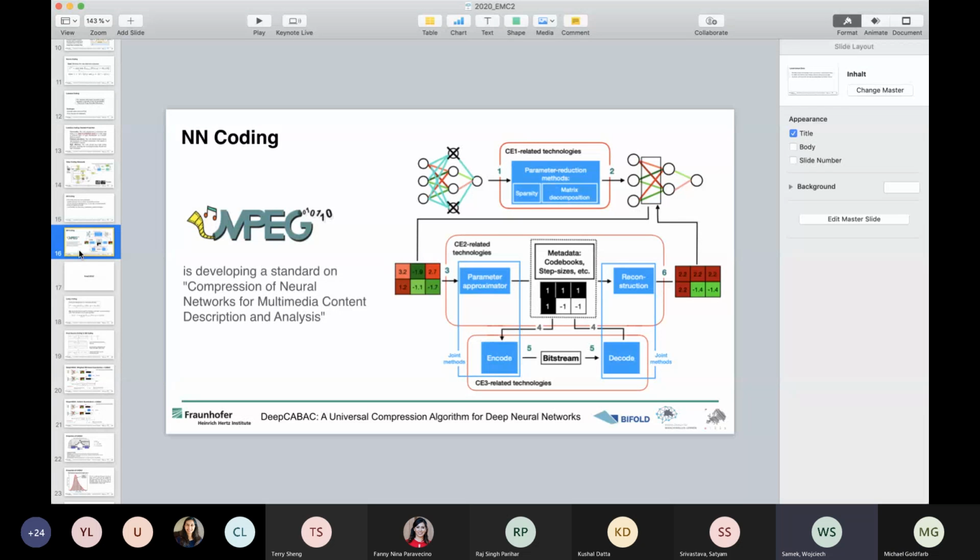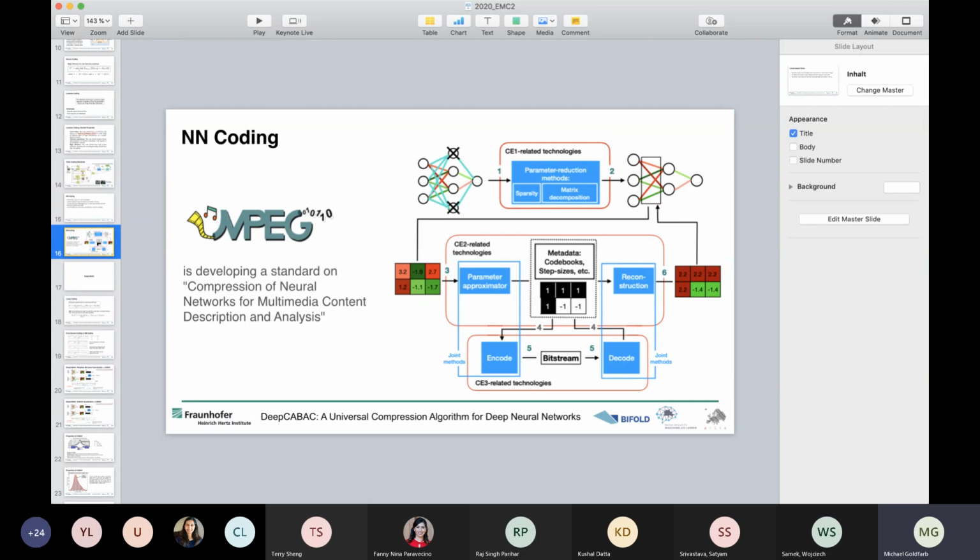So I think some of the things can be combined, but the end goals are slightly different from the work which I presented here, and from research which is going on in hardware accelerators or hardware optimized implementations of neural networks.